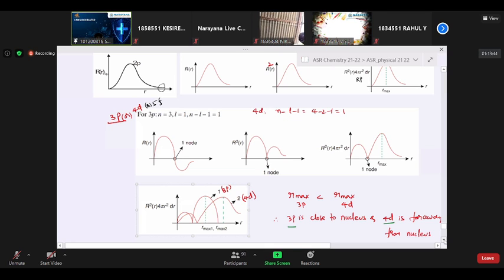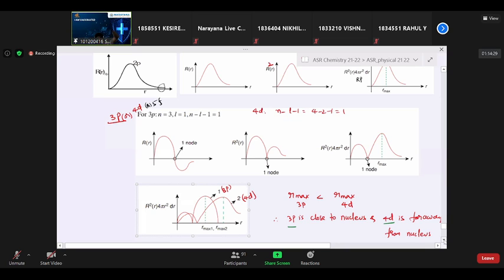And if you try to identify ns, np, nd, nf, for example, in the fourth orbit we have 4s, 4p, 4d, and 4f. But 4s comes after 1s, 2s, 3s, then 4s. 4p comes after 2p, 3p. 4d comes after 3d. 4f comes after nothing because that is the starting 4f. And if you are taking the same principal quantum number, ns, np, nd, nf, then which is lying far away?